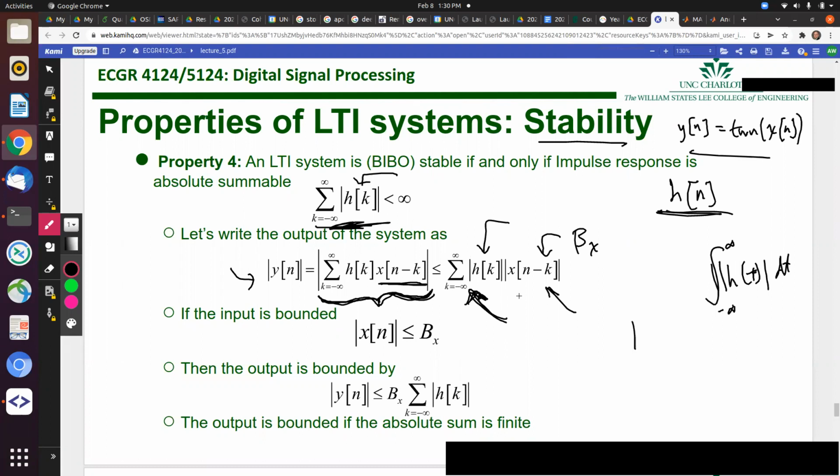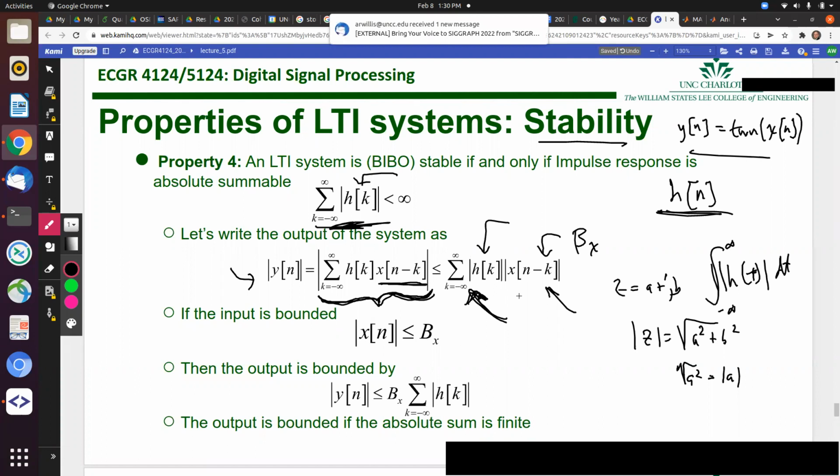The magnitude of a complex number z: if z equals a plus j times b, the magnitude is the square root of a squared plus b squared. If z is purely real, this ends up being the square root of a squared, which equals the absolute value of a. So for real values, it's automatically the absolute value.